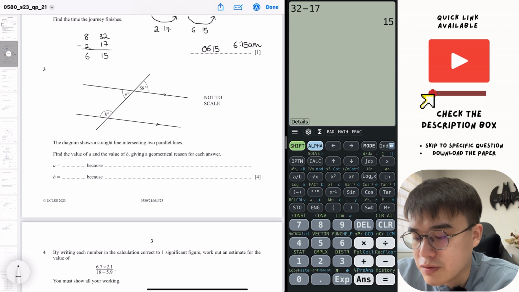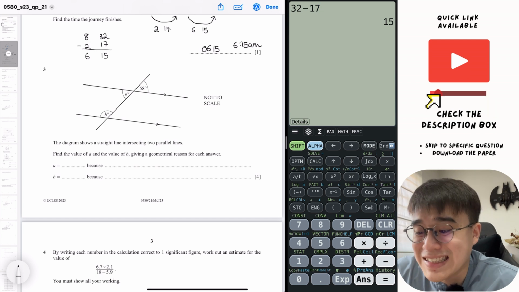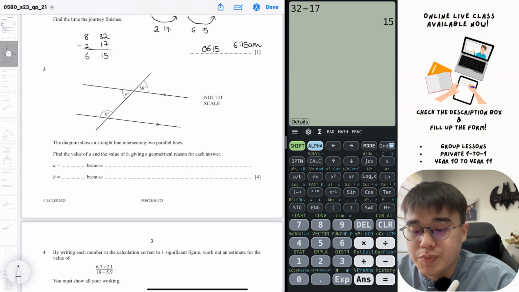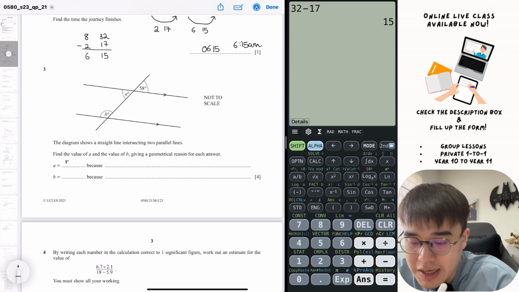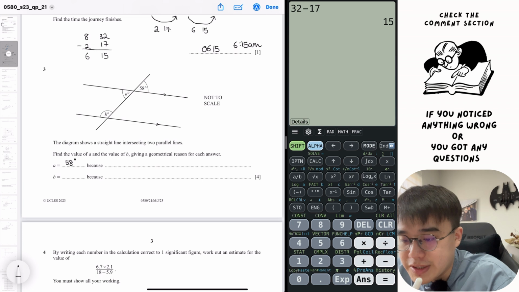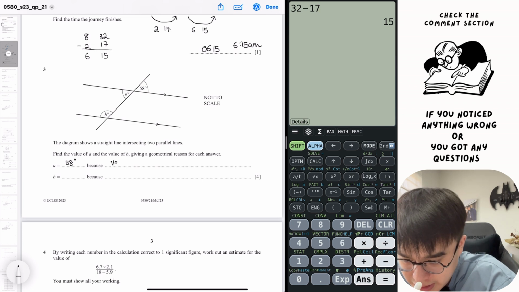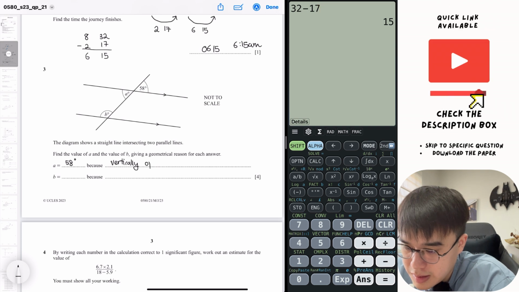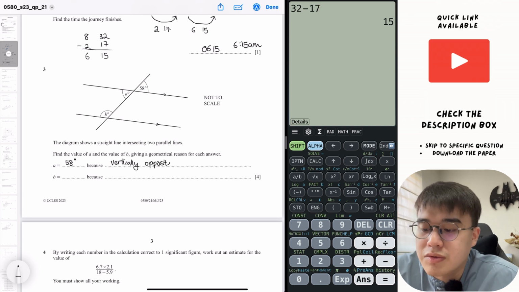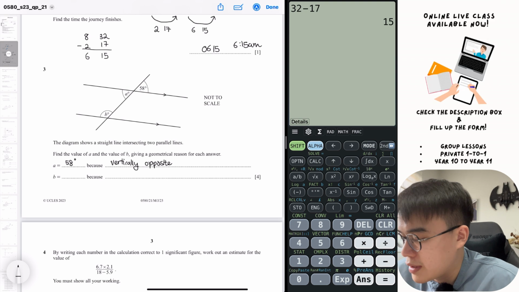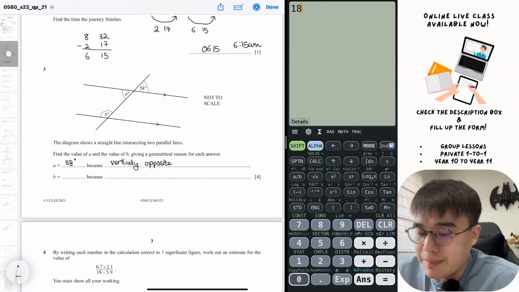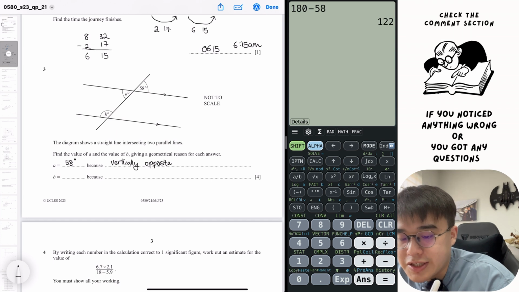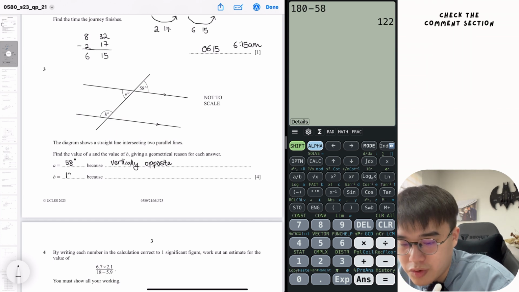They want you to write down the geometrical reason for each of the answers. So A here is quite straightforward. A should be 58 as they are using vertically opposite. Meanwhile, to find B, however, I'll be taking 180 minus 58, which the balance is actually 122.